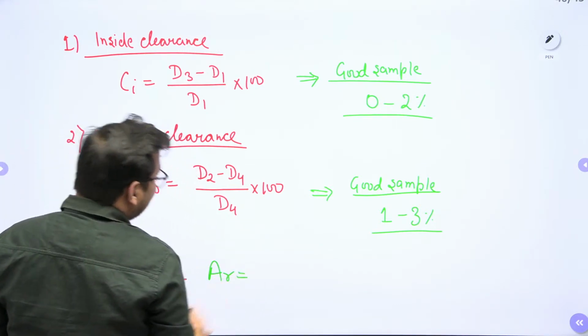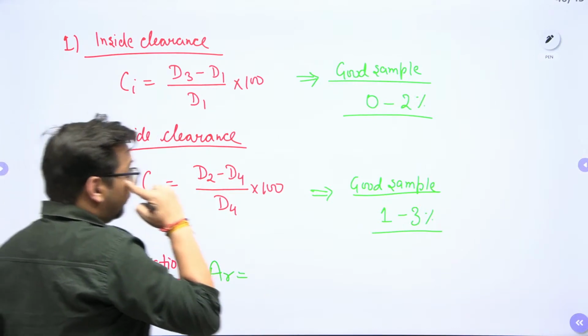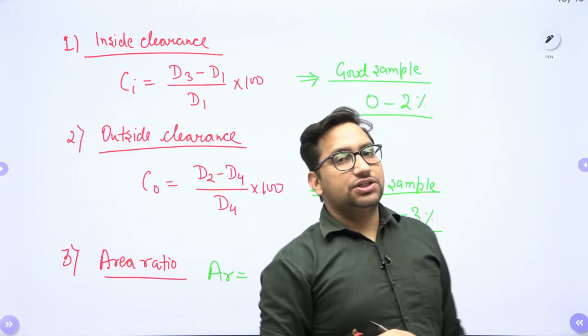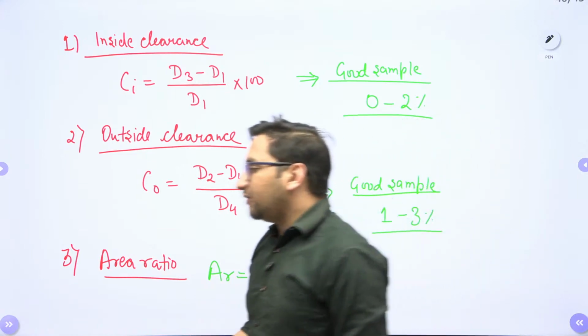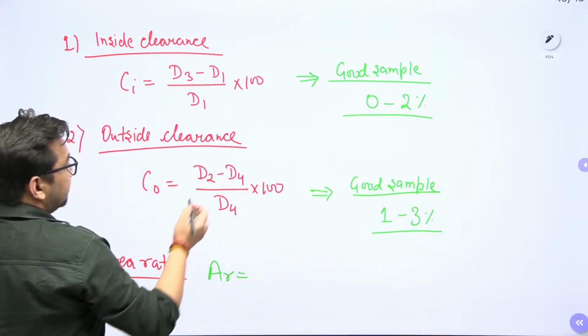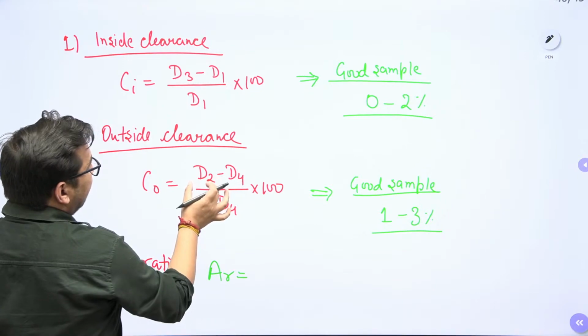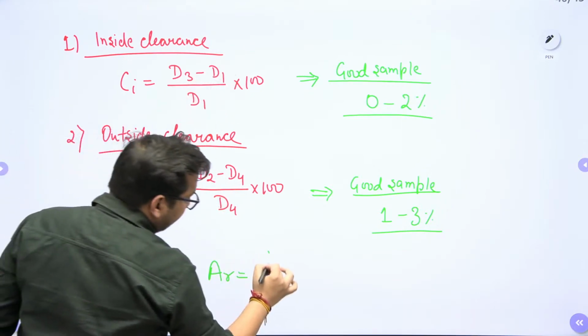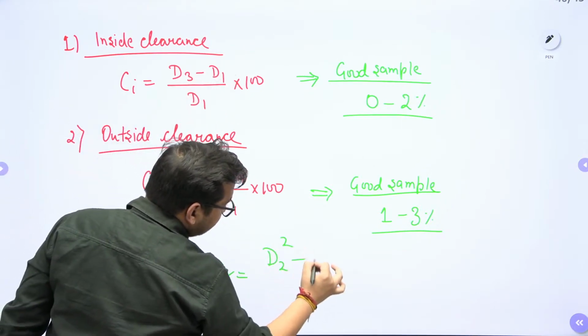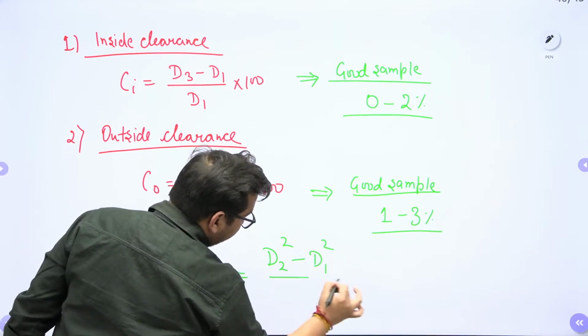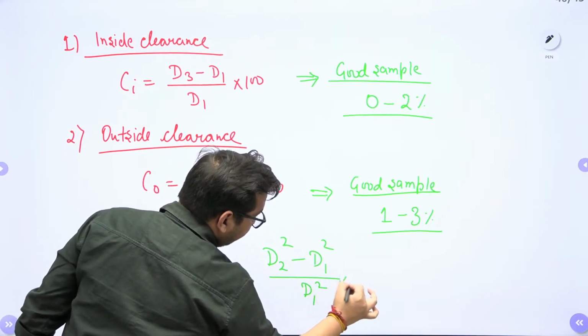This AR is the difference of squares of the dimensions of your cutting edge. D2 is greater than D1, so I can take it as D2 square minus D1 square, divided by D1 square, into 100.